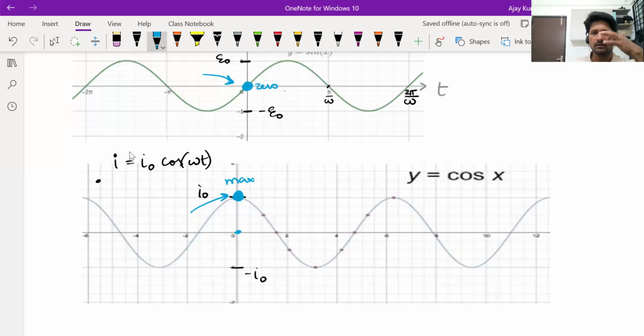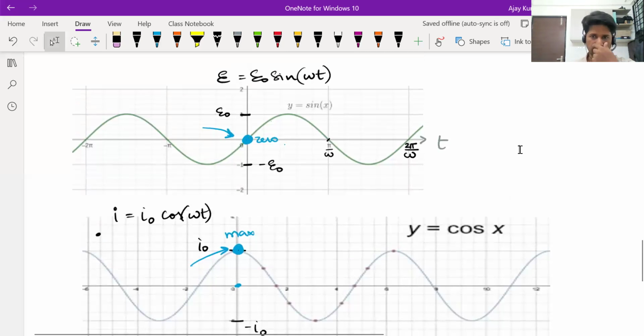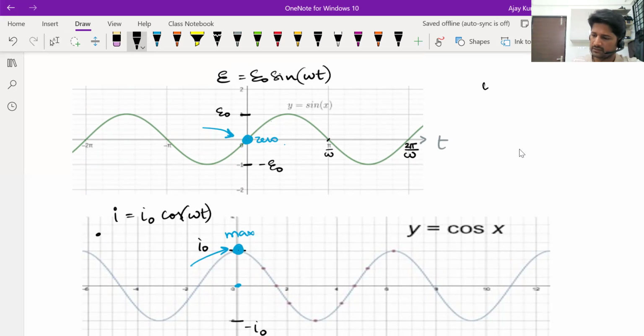Now understand why we say that the phase difference between these two is pi by 2 and why we say the current is leading by pi by 2. Current is leading the EMF. Now on the EMF graph, you go by an angle of pi by 2 ahead. Angle pi by 2 means omega t should become pi by 2, means go to a time of pi by 2 omega.